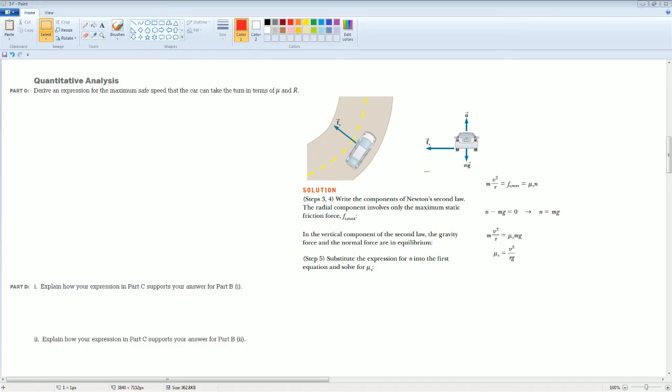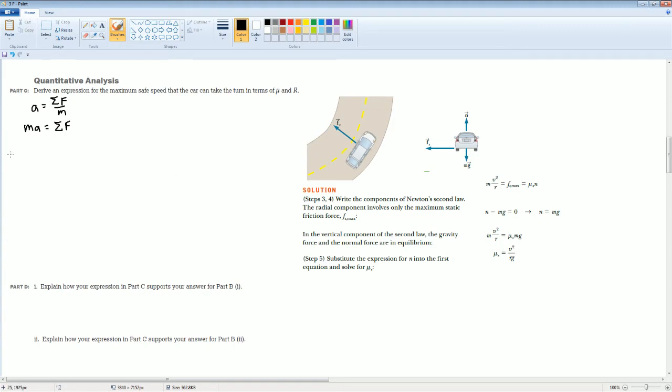So let's start with what you have. In your formula sheet, you have this equation: a is equal to summation F over m. So just multiply the m across. So you have ma is equal to F. We're going to make this around the curve.